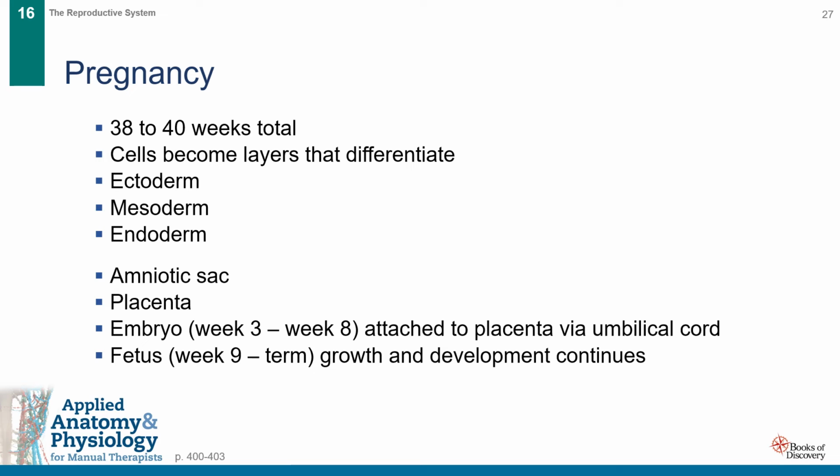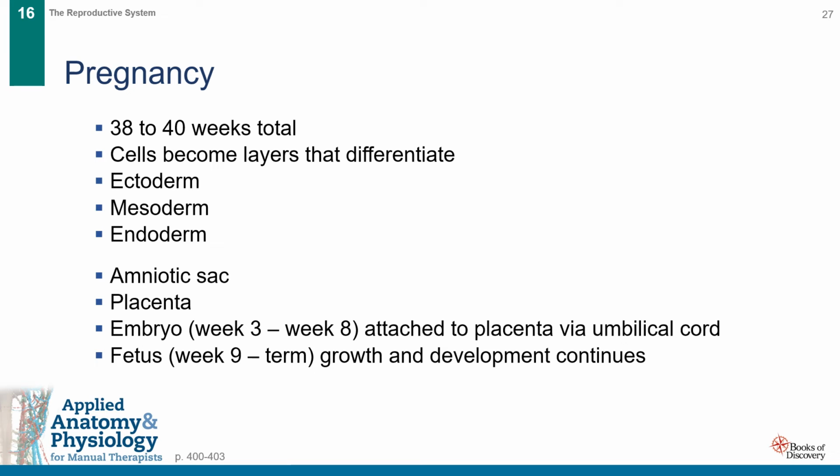The internal cellular mass of the blastocyst also produces the amniotic sac, which will surround and protect the embryo. The outer layer of the blastocyst produces extensions that become invested in the endometrium and eventually form the membrane called the placenta.